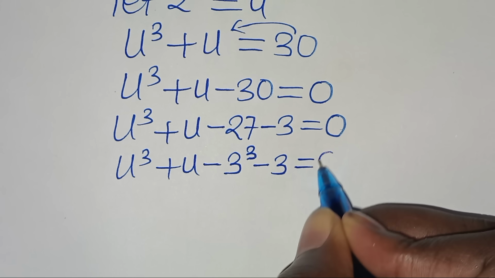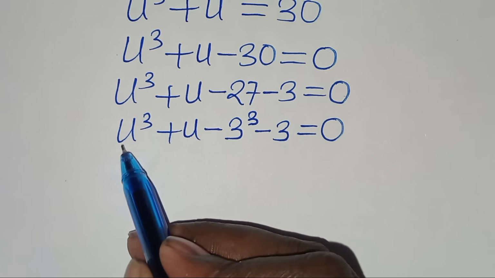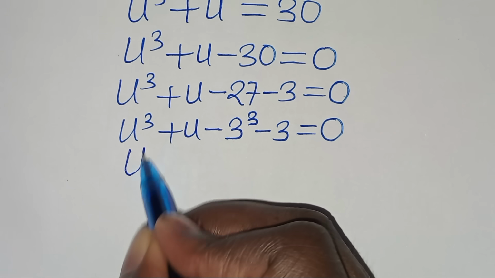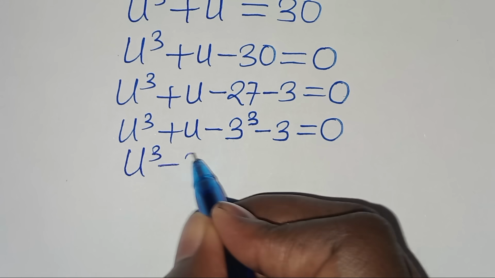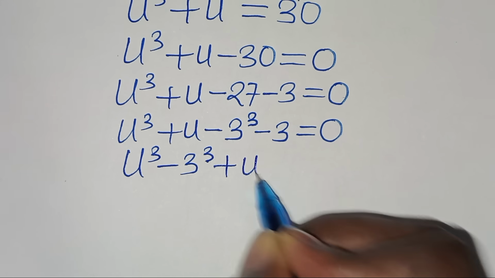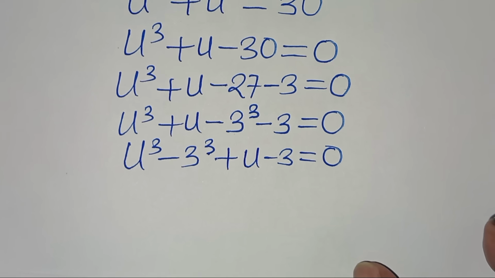This is equal to 0. Now, we have u to the power of 3 minus 3 to the power of 3, then plus u, subtract 3. This is equal to 0.